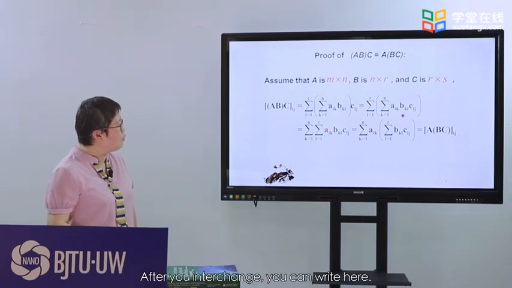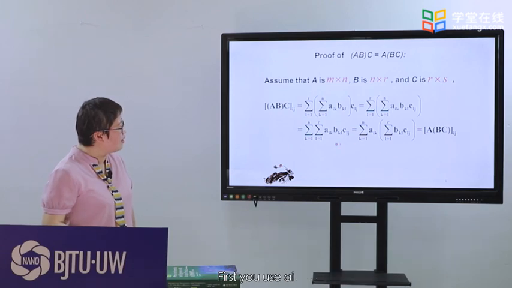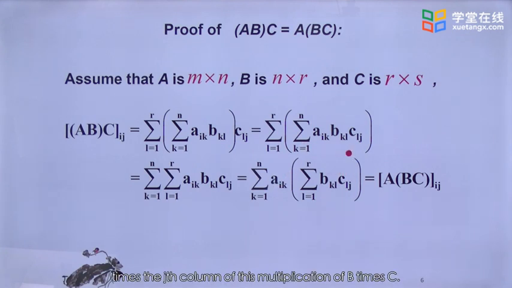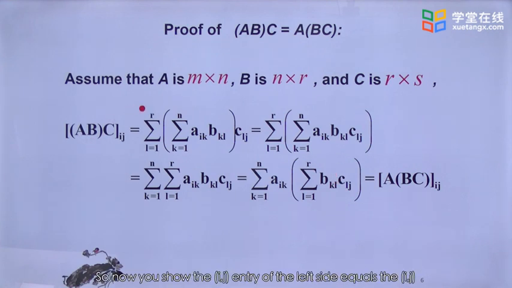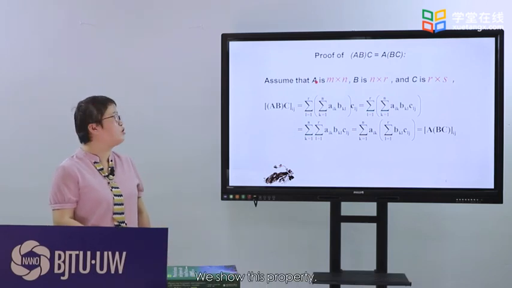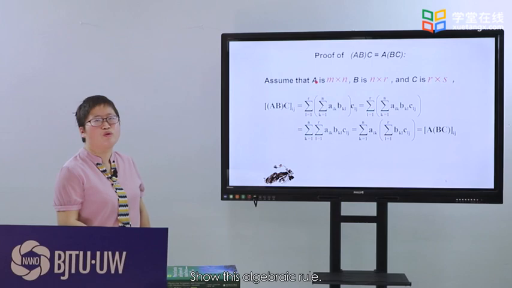After you interchange, you first sum over l, because l only relates to the second and third terms, where l varies from 1 to r. So this is just the ith row of A times the jth column of the multiplication of B times C. So now we show the ij entry of the left side equals the ij entry of the right side. So we show this algebraic rule.